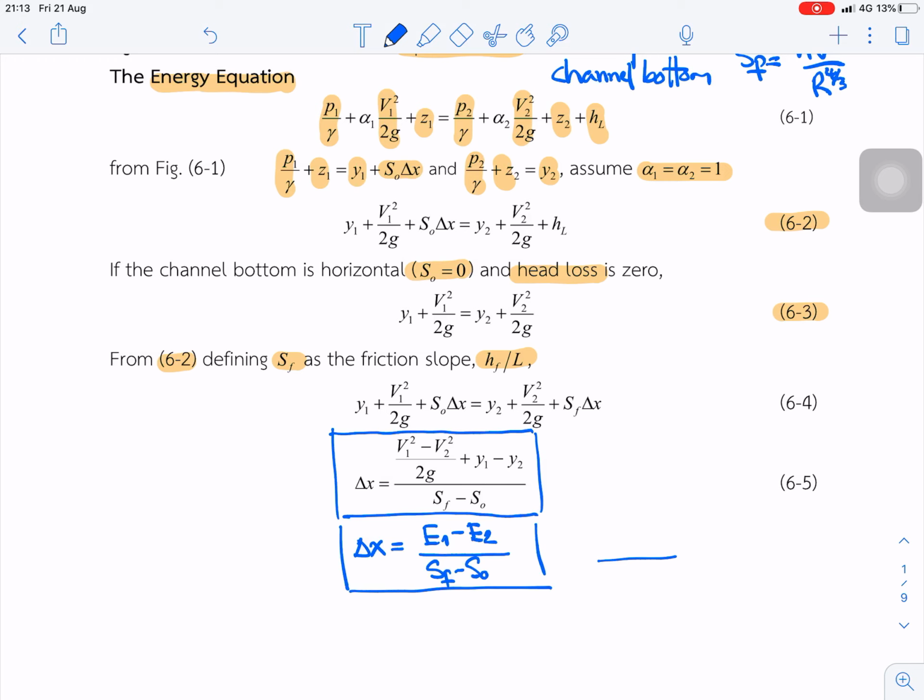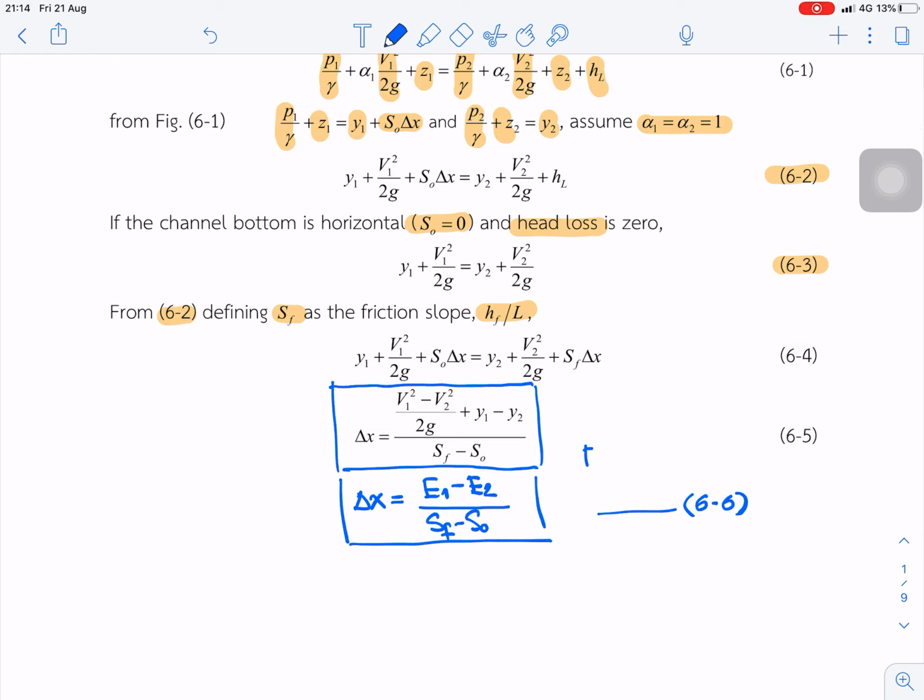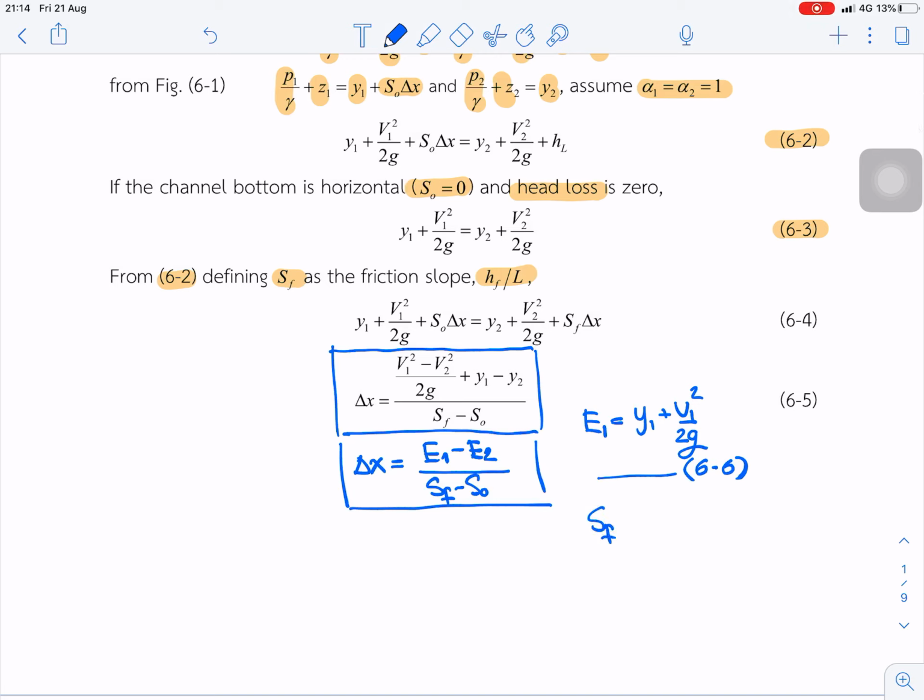So this is another form. Okay, in this case, E1 is equal to y1 plus v1 squared divided by 2g. And SF, from the top, is equal to n squared v squared, that is the Manning equation, English unit.